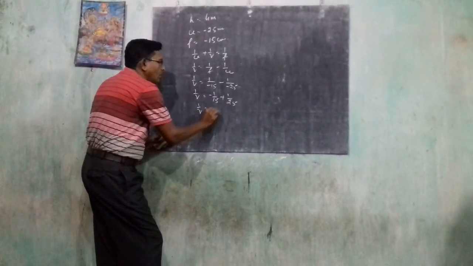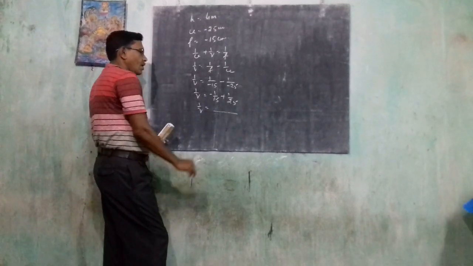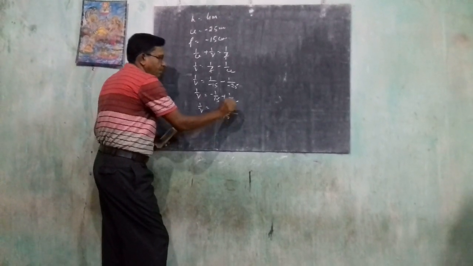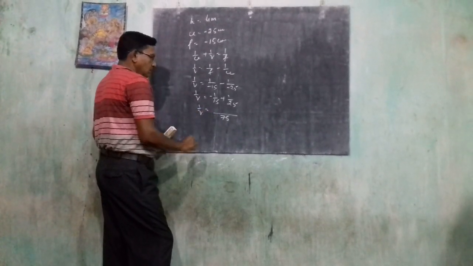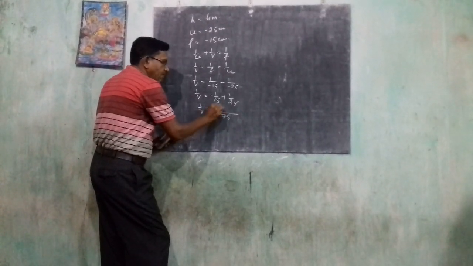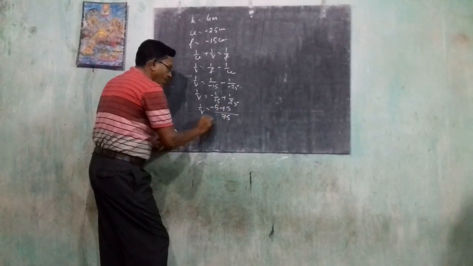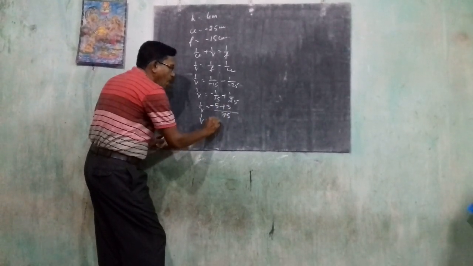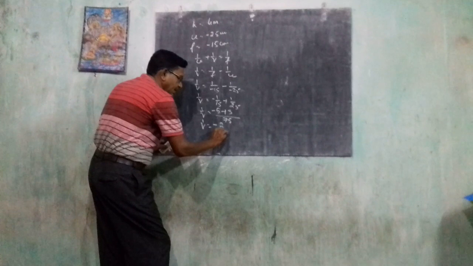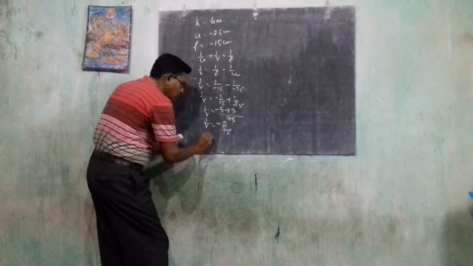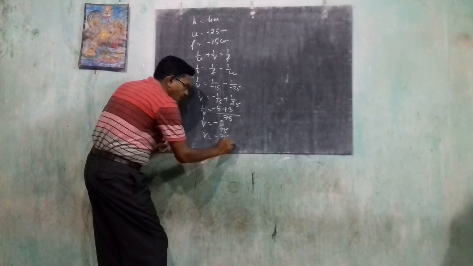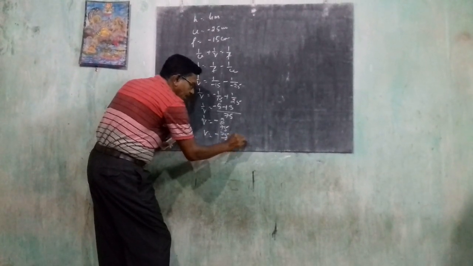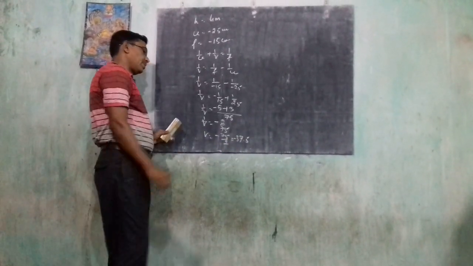Taking the LCM 75, we get minus 5 plus 3, so 1 by v equal to minus 2 by 75. So v equal to minus 75 by 2, equal to minus 37.5 cm.